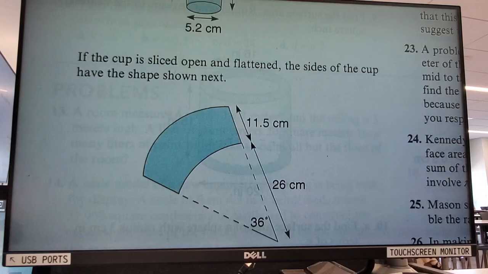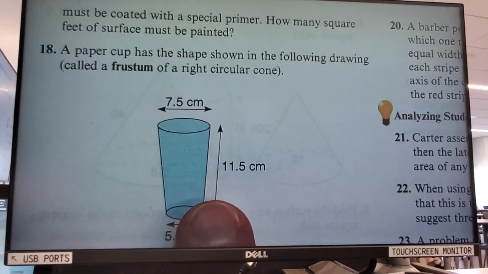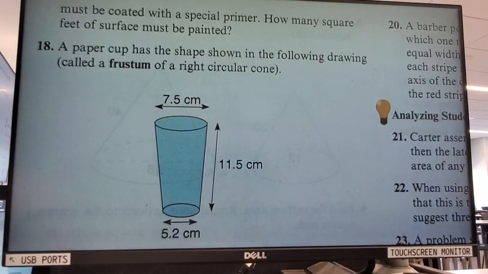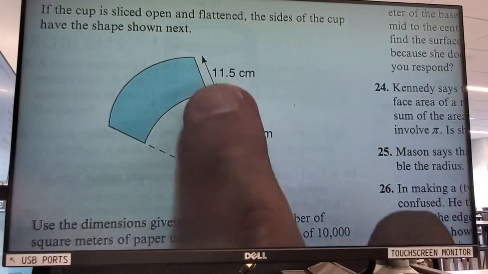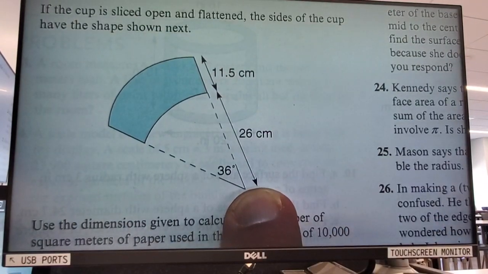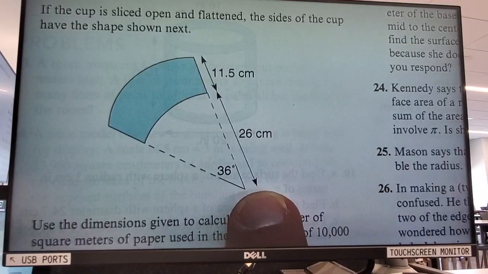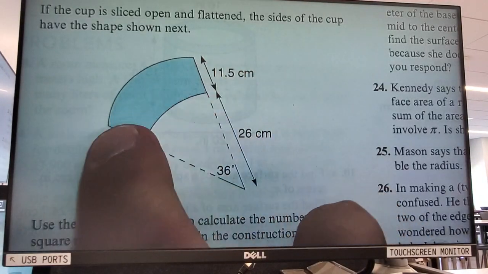Let me see. So this is not a cone because it doesn't come to a point at the bottom. Yes? You with me? This does come to a point at the bottom if I extend it, yes? Okay, maybe. Could you get the area? I'm trying to figure out the area of this.